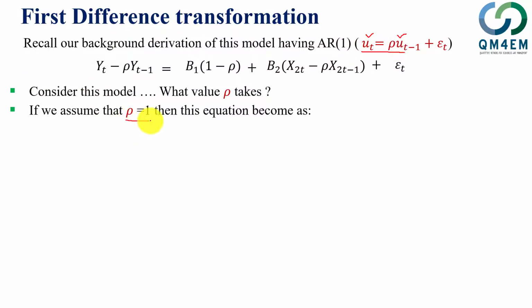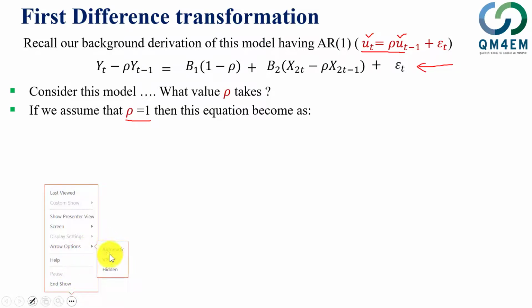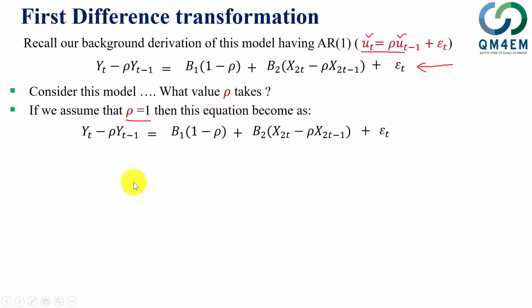If we plug in that value in this difference equation, we get a very interesting situation. When we plug in rho equal to 1, we get y_{t-1} multiplied by 1, rho replaced by 1. Similarly, b1 into (1 minus 1), rho replaced by 1, plus b2 into (x2t minus x2t-1), where rho is again replaced by 1, and the error term epsilon at its own place.